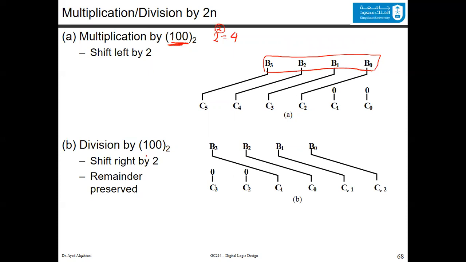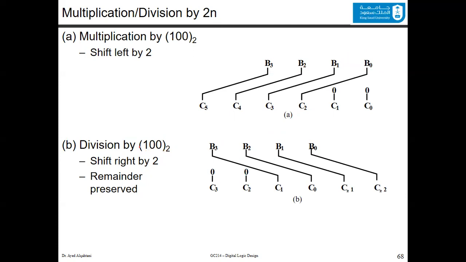If you want to divide by a constant 4, then you do the same operation, but now you are shifting to the right. You are shifting the b to the right. If you shift b to the right by 2 positions, then this means that you are dividing by 4.